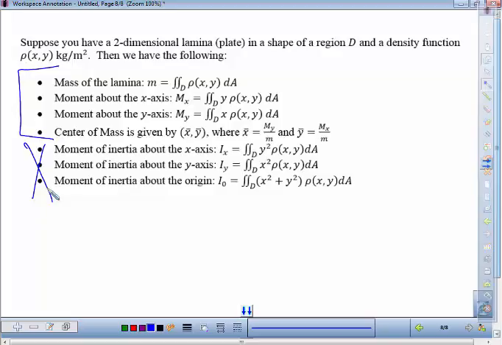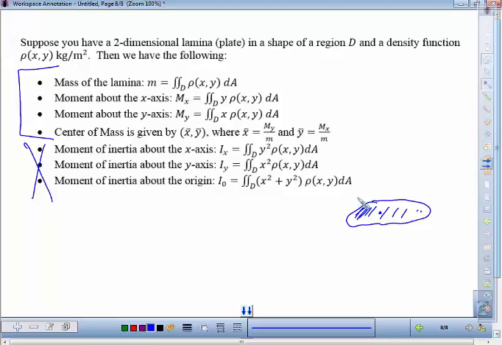So finding the center of mass. The idea is that you have a two-dimensional plate, and then the center of mass. When you make a plate out of whatever material, iron or whatever, it could be set so that one side is denser than the other side, or parts of the plate might be denser than another part of the plate.